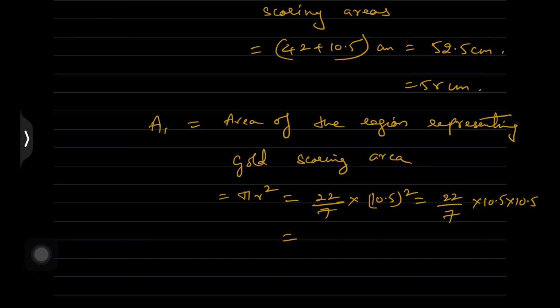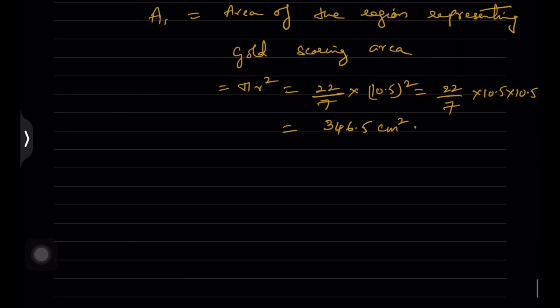Then you get 346.5 centimeter square. This is the area of the first gold scoring area.